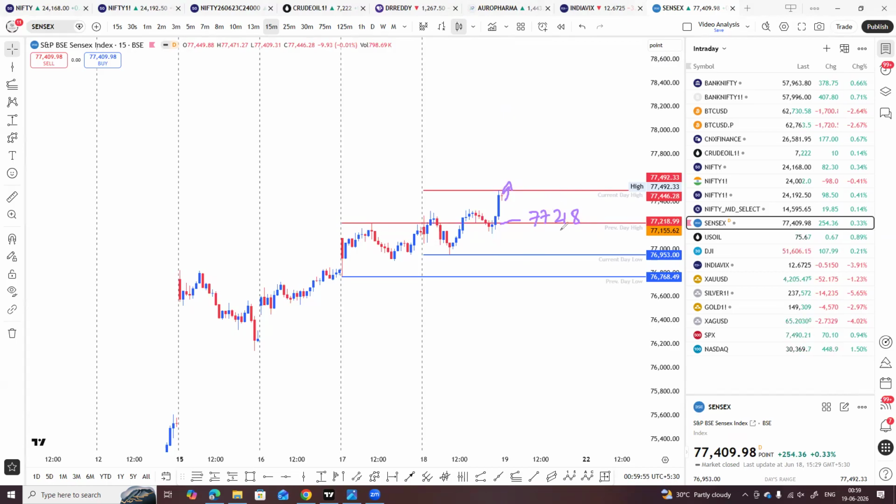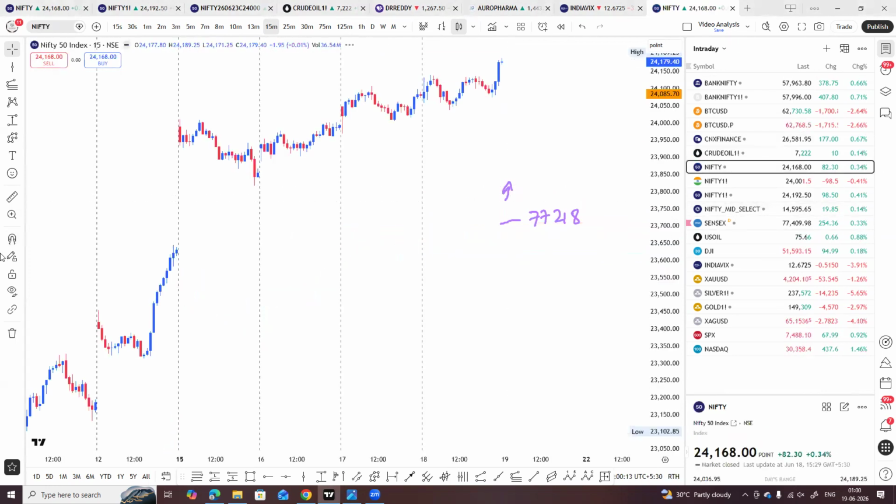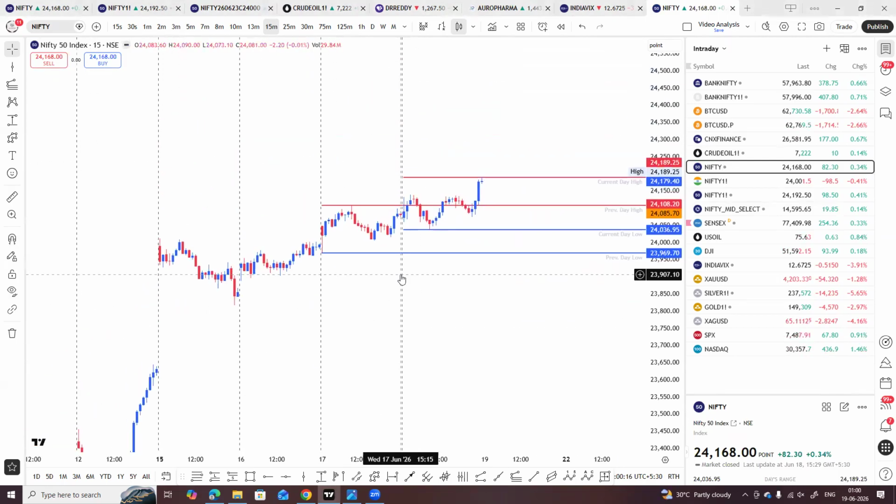So the most likely scenario for tomorrow is that the higher time frame structure remains bullish. However, Gift Nifty is showing weaker sentiment, so there is a possibility of a flat opening. The key level you need to watch for Nifty, based on the Gift Nifty condition, is 24,108.